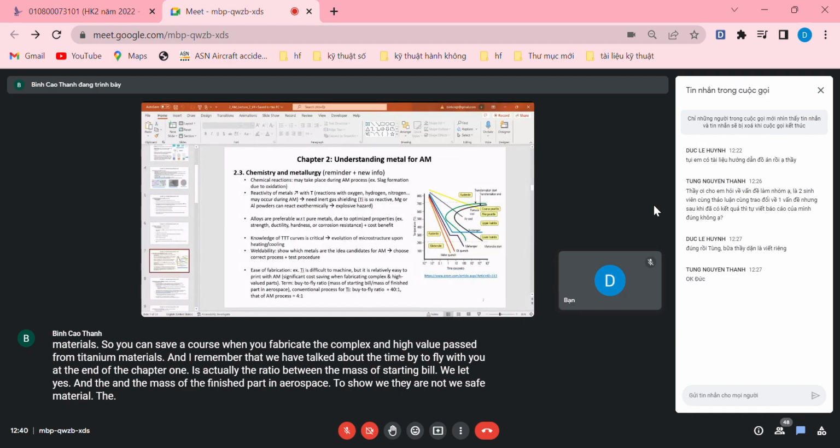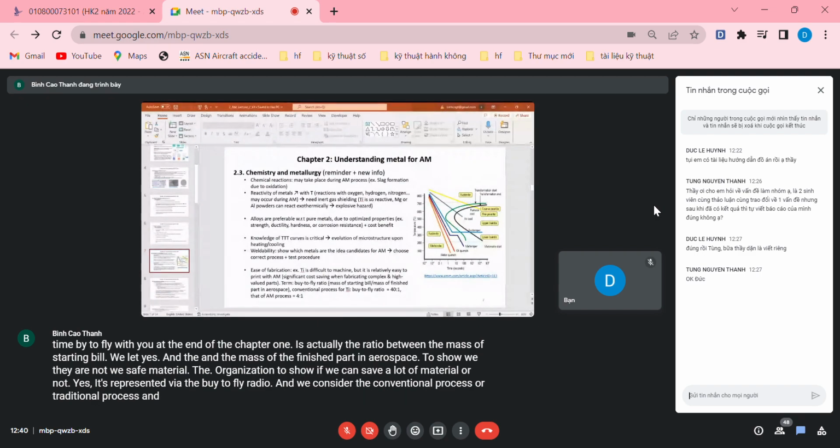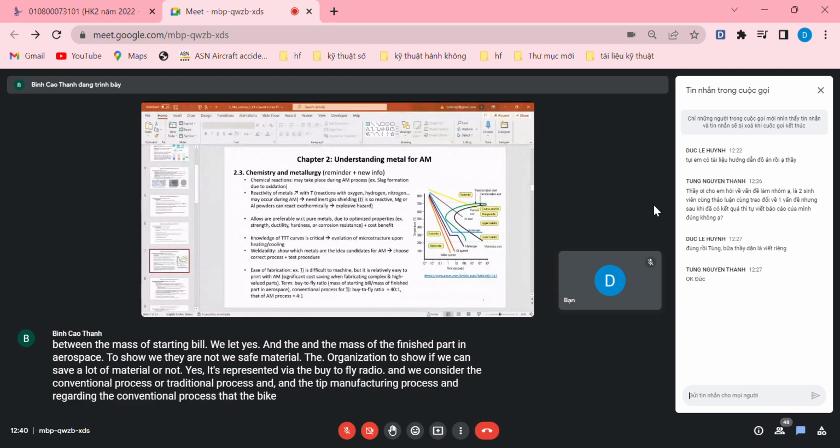It is represented via the buy to fly ratio. And we consider the conventional or traditional process and the additive manufacturing process. Regarding the conventional process, the buy to fly ratio is 40 to 1.